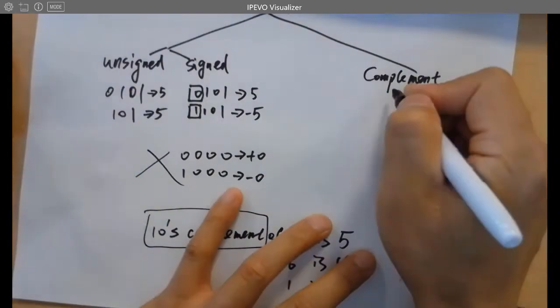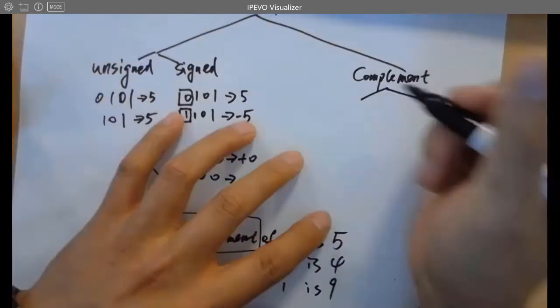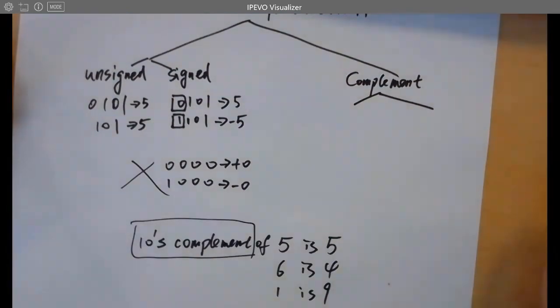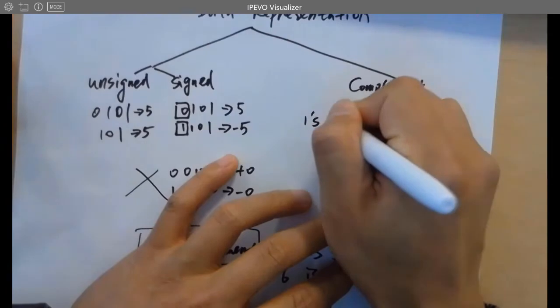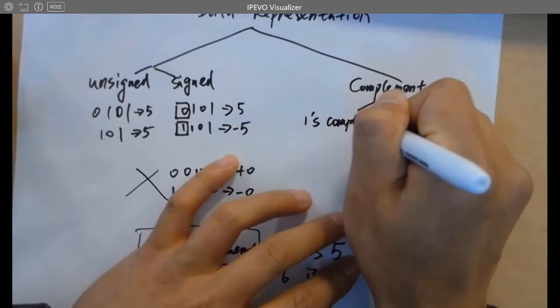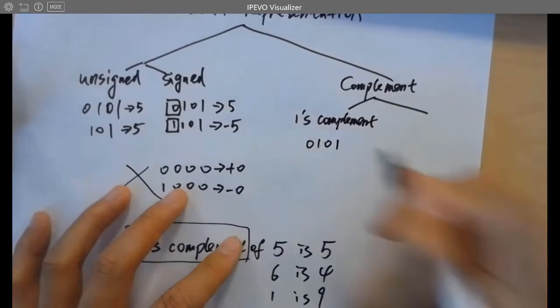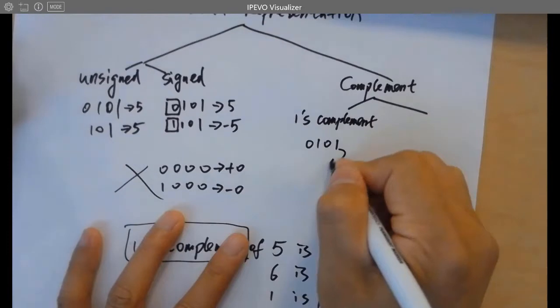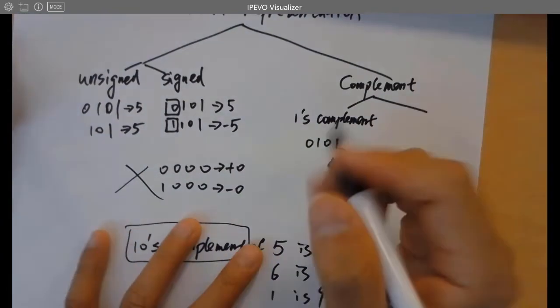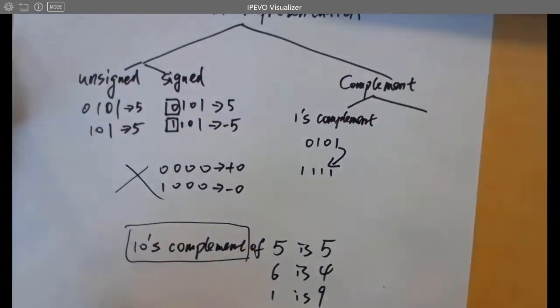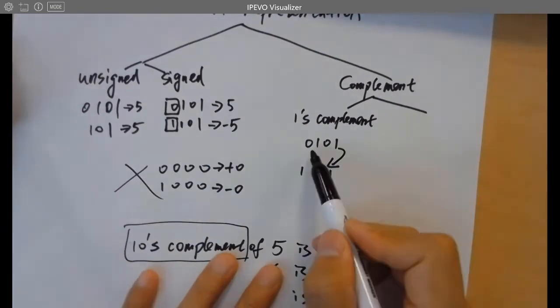So for the complement, in the beginning people said, what about this: we take a binary number and invert every digit, and that number will be the negative version of the number. Will that work? This is called 1's complement. If you have 0101, what's the 1's complement of that number? You use 1111, so 1 at every single binary digit, minus the original number.